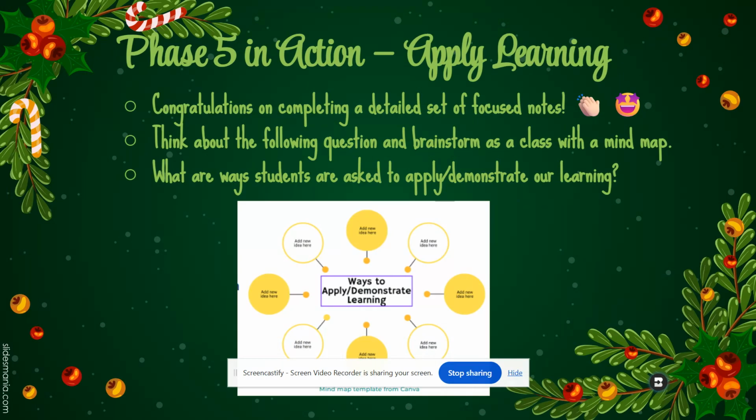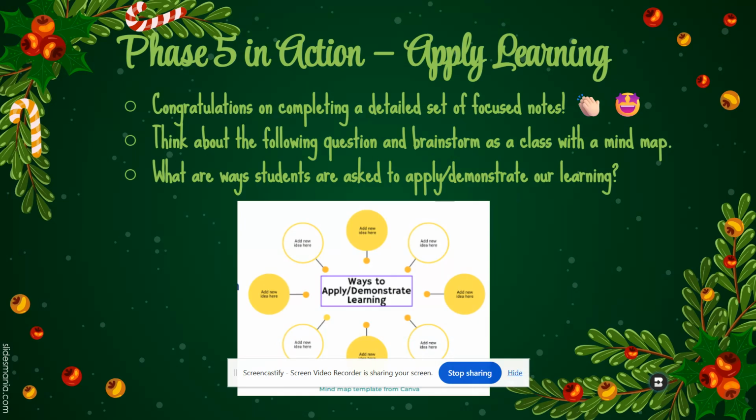All right, we are also going to talk about phase 5, which is applying your learning. So you've already completed a detailed set of focus notes. So think about the following question and brainstorm as a class with a mind map. We're not going to brainstorm as a class because I'm not there, but you can talk to the people in your partner and talk to other partners as well. And think about what are ways students are asked to apply or demonstrate their learning.